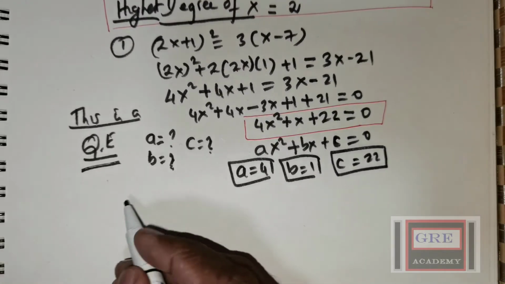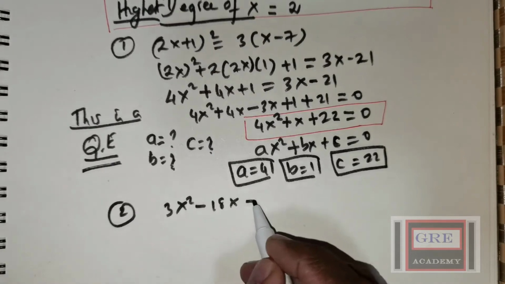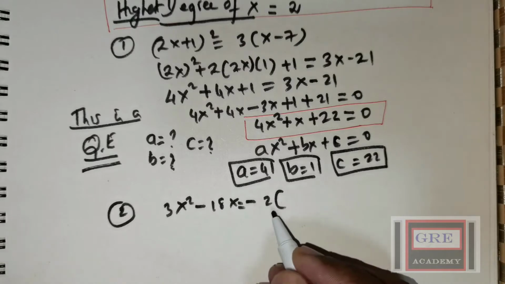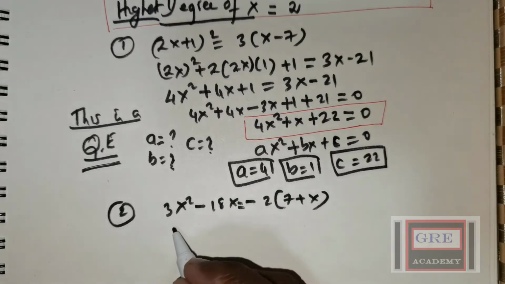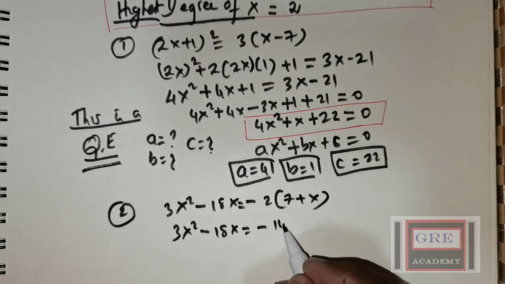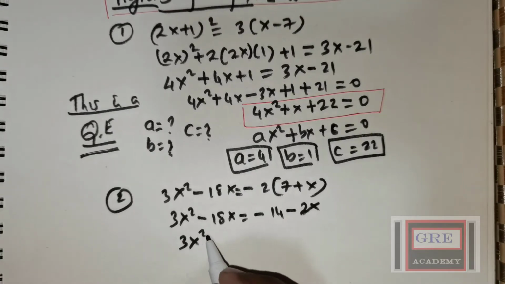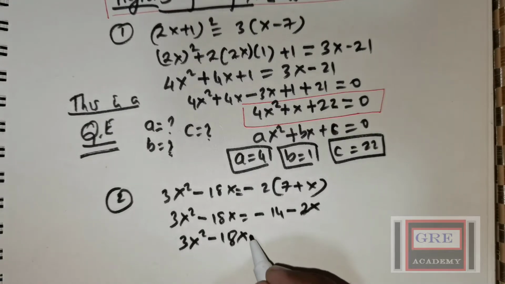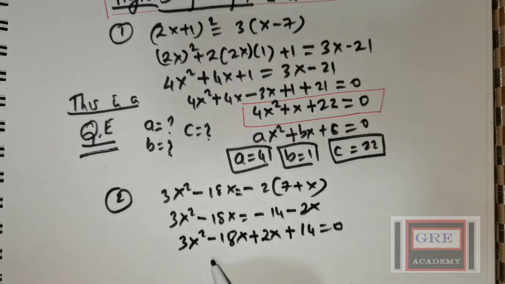Question number 2 is 3x squared - 18x = -2(7 + x). If you expand this, it is 3x squared - 18x is equal to -14 - 2x. Bring this 2x to the left, it's + 2x + 14 is equal to 0.